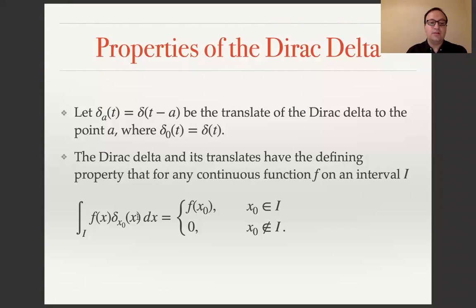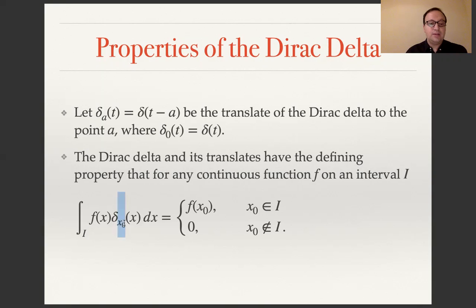So the reason why the Dirac delta works in this manner is that the Dirac delta, first of all, is 0 everywhere outside the point x equal x0. So when you integrate f times the Dirac delta, nothing contributes except the point x equal to x0. So in particular, if x0 is not in the interval I, then there is no contribution at all to this integral.